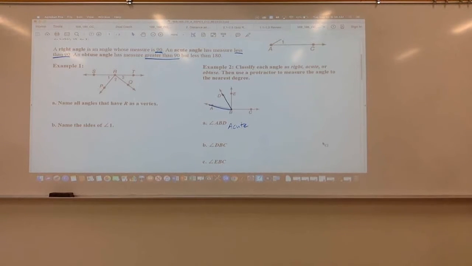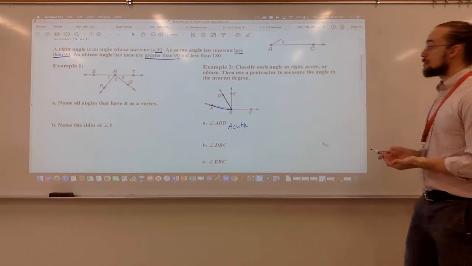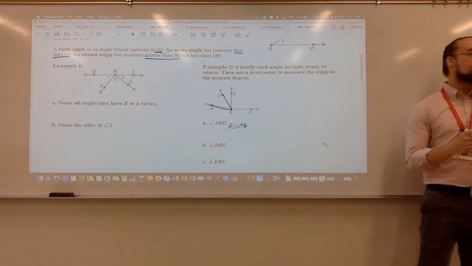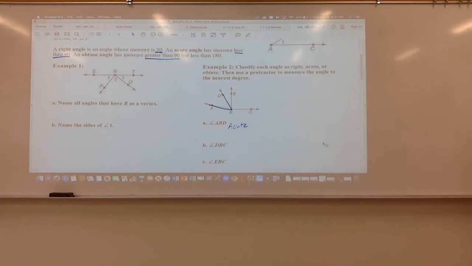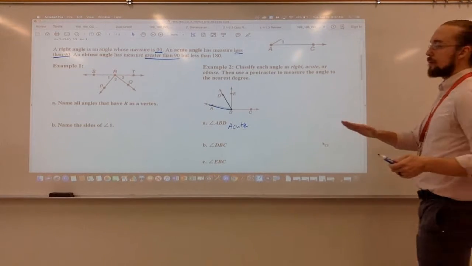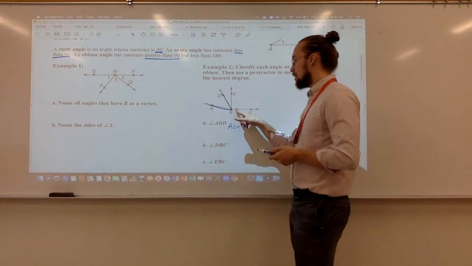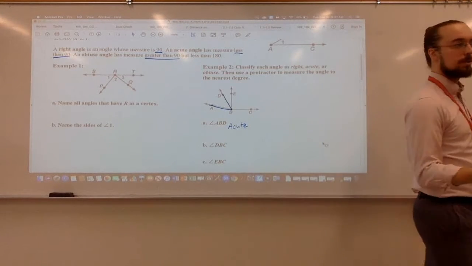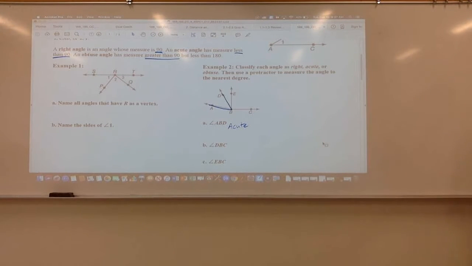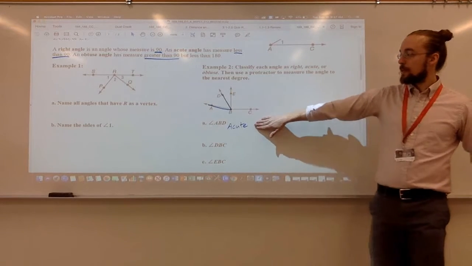So then the second part of this says, use a protractor to measure. We're not going to use a protractor. We're just going to estimate what we think it looks like. So this angle here, if we were to estimate, how many degrees do you think that angle would measure? No, we're still doing this one.